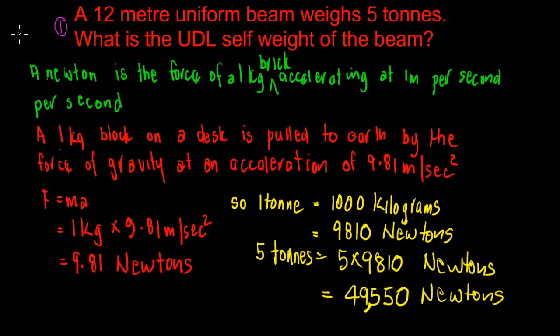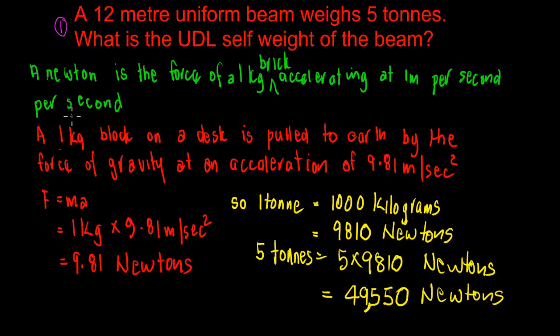1 ton, that's 9,810 newtons. So that would be the UDL. No, that would be of it just sitting on the desk, the force that was on it. 5 tons, of course, would be 5 times 9,810, which would be newtons, and that's 49,050 newtons.